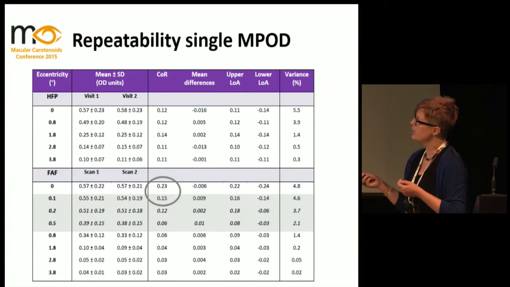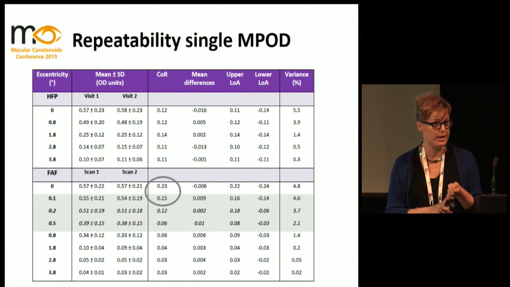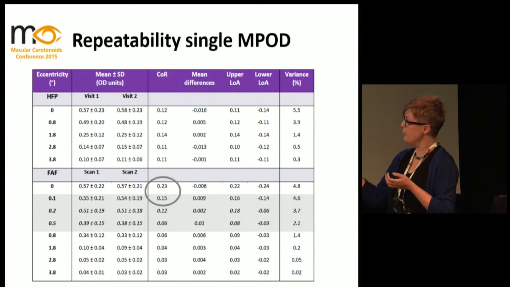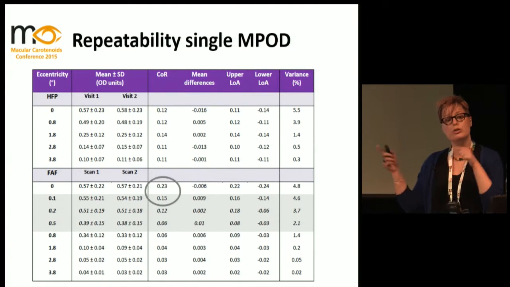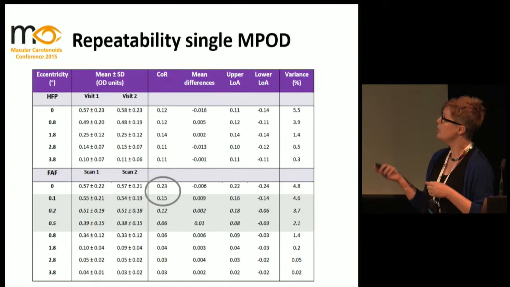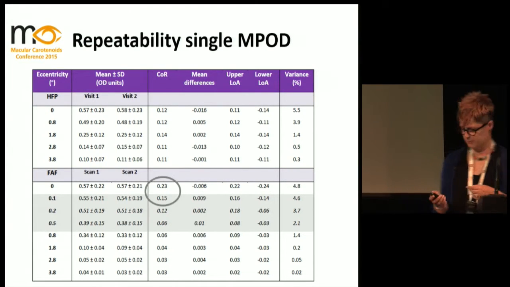I also show the coefficient of repeatability for 0.2 and 0.5 as a comparison, but we didn't include this data in the further analysis of spatial profile. So for HFP, we use these eccentricities, and for FAV, we use the same eccentricities, but instead of 0, we're using 0.1 degrees.